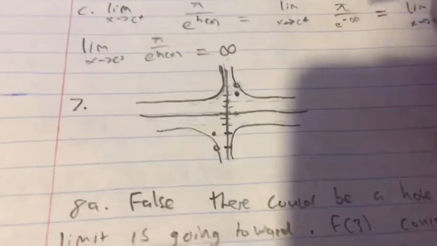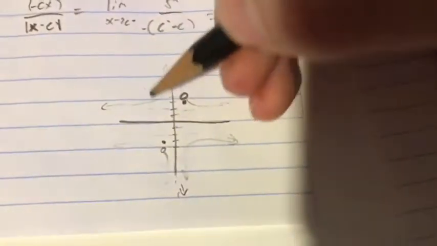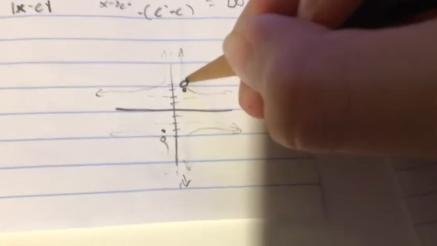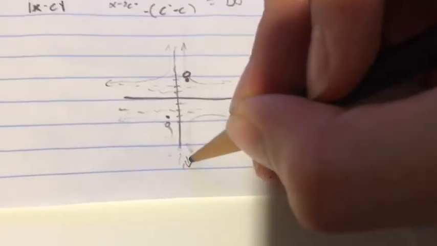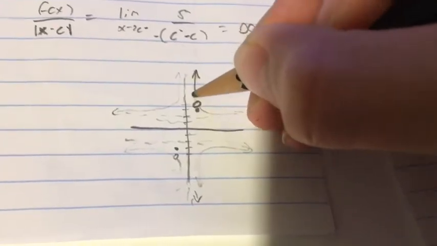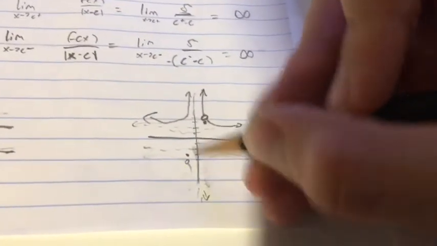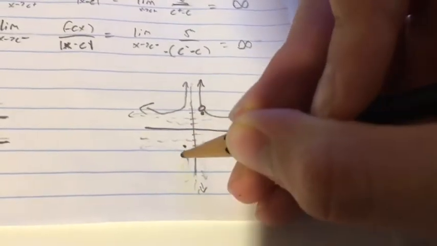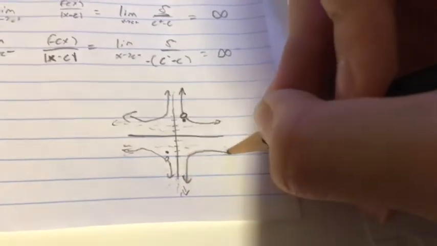So on the test, I put all the requirements onto the graph, so it looked something like this, with the holes here, the asymptotes here, and so what I did was, I guess I wasn't really thinking, so I just drew these lines right here, and I wanted it to be odd, so I reflected it across the origin, and so it came out like this.